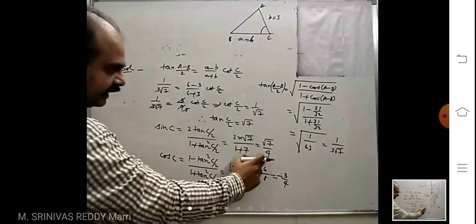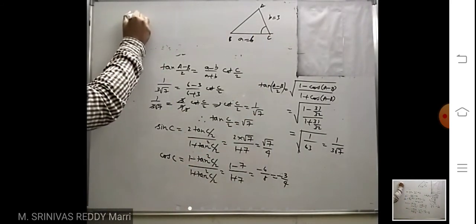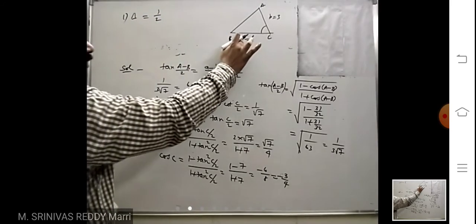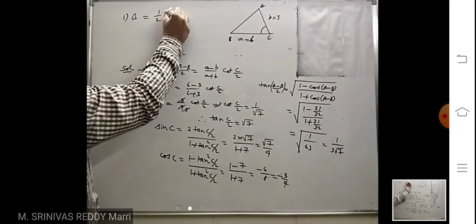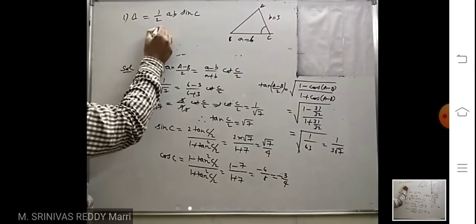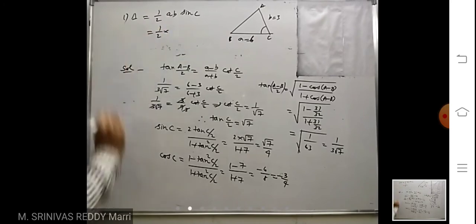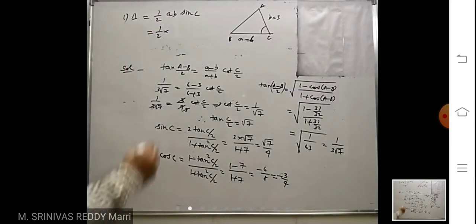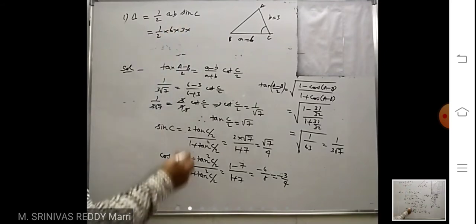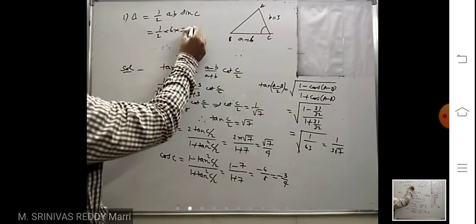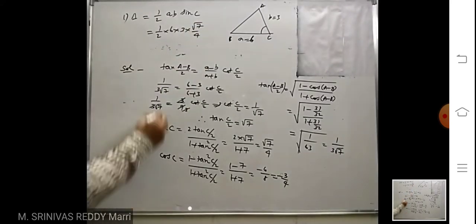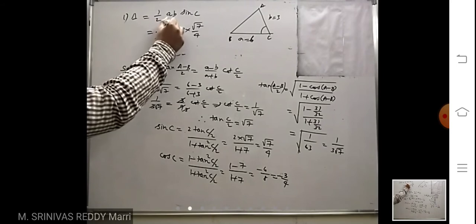Therefore delta equals half into the product of the sides a b into sin C. That means half into 6 into 3 into root 7 by 4. 2 ones, 2 threes.